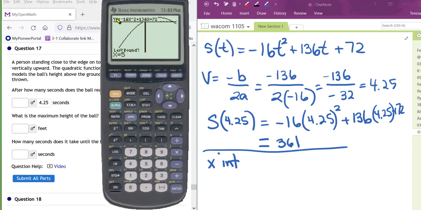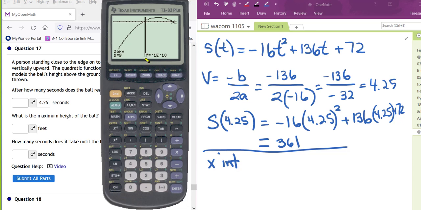We can enter that and it will take it. We just have to make sure we're clearly to the left of that point. We are. All right. And then we can get clearly to the right of it. For the right bound, we could move the cursor past it, or we could say, oh, well, let's use 10. And then you hit it one more time for guess, and it will actually give you the answer.